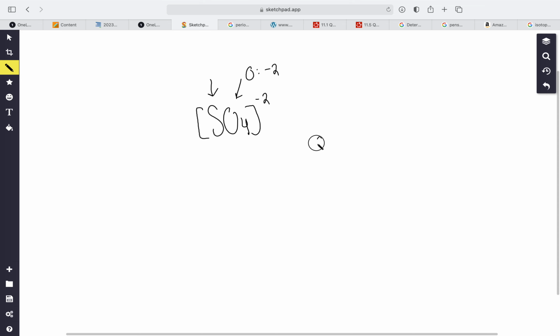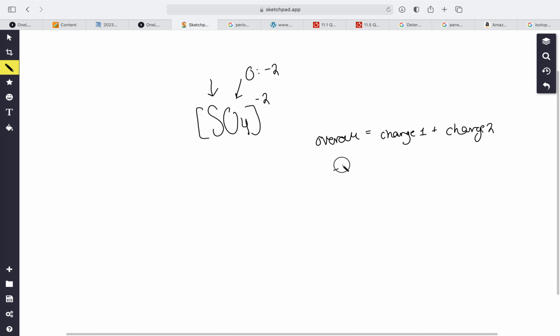So we want the overall charge to be equal to the charge of the first thing plus the charge of the second thing.